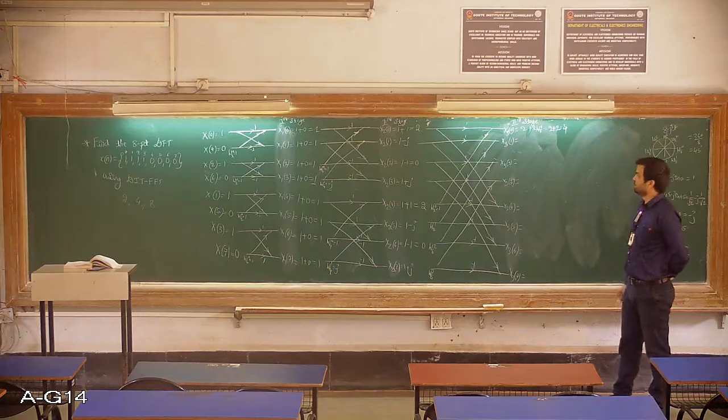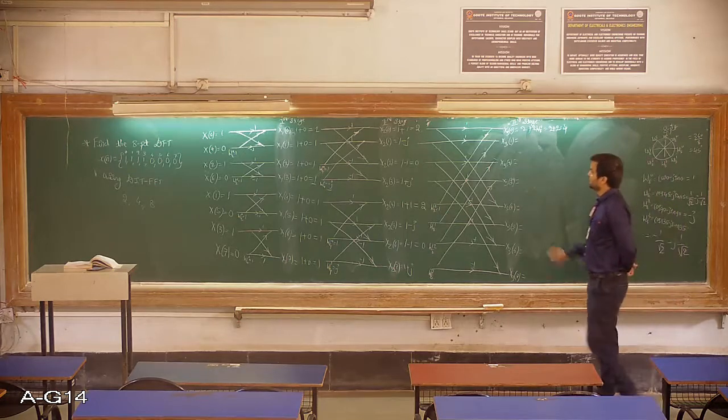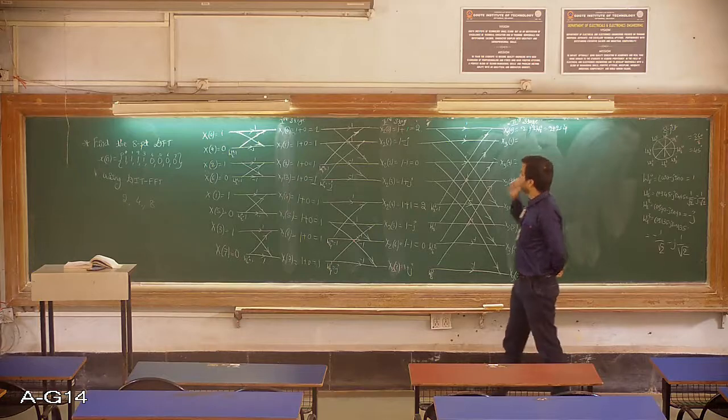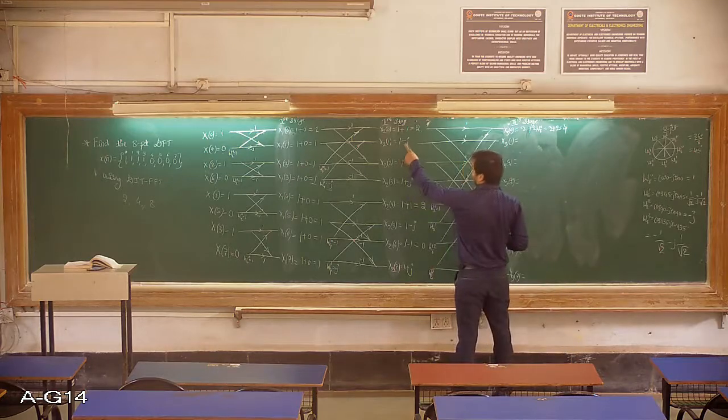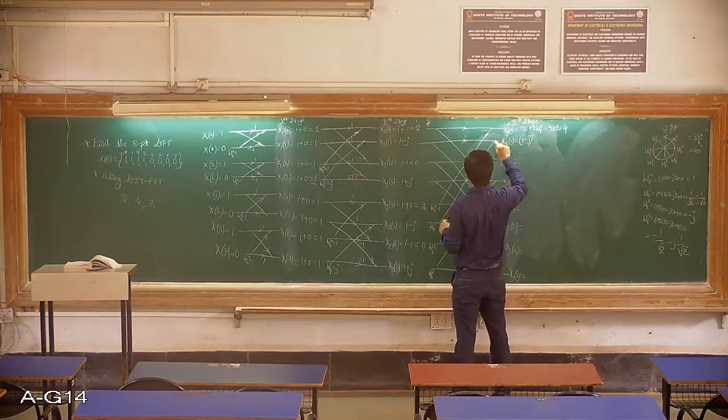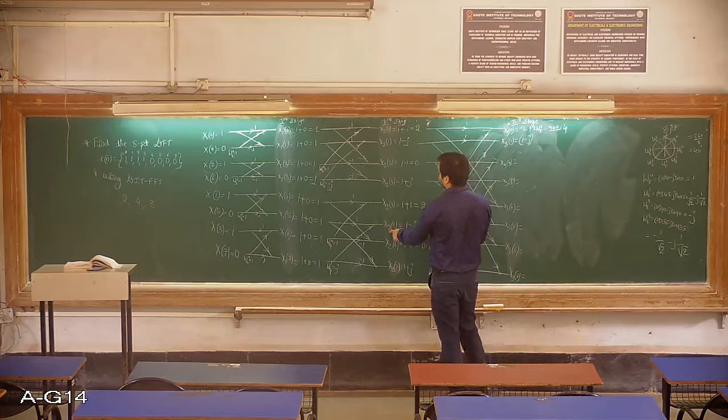The value is 4. So the next one, third stage calculation, x3 of 1. 1 minus j into 1, multiplied with this value, that is nothing but x2 of 5.